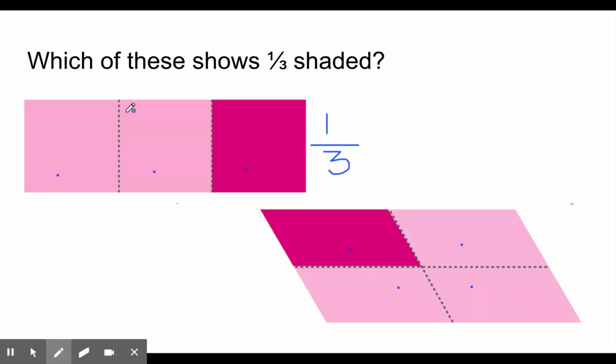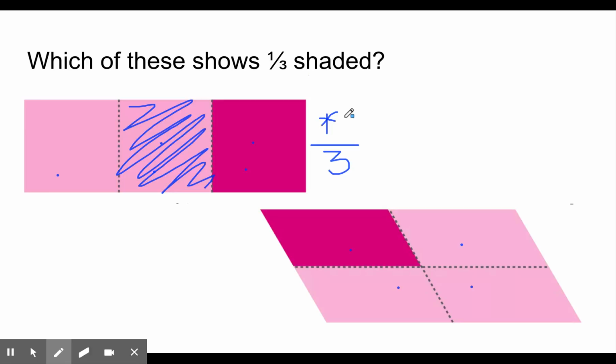What would happen if this was also shaded in? How many would that be? 1, 2. So it would be 2/3. Tricky.